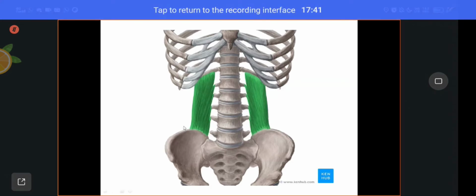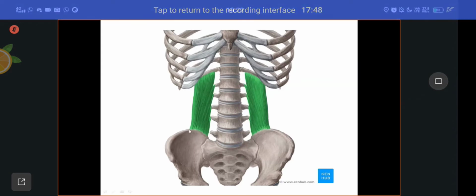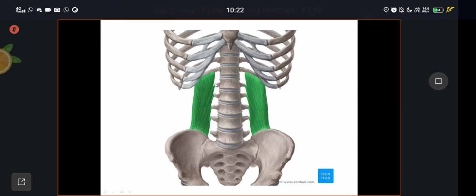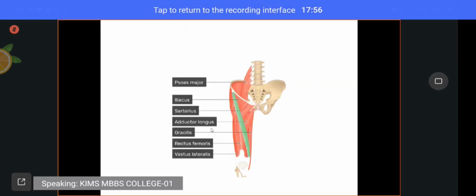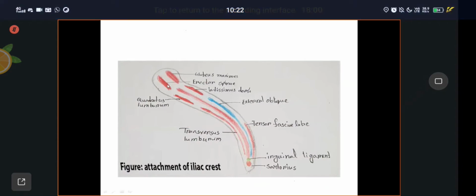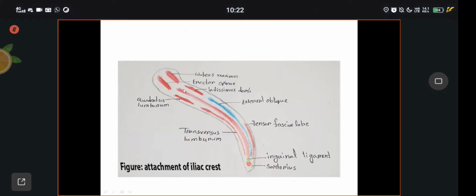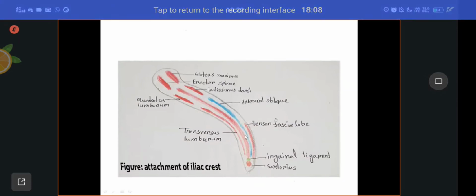Because it is in a quadrate shape, and it is a muscle of the posterior abdominal wall. So this is also getting its origin from the ventral two-thirds of the iliac crest. These are all the attachments from the ventral two-thirds of the iliac crest.